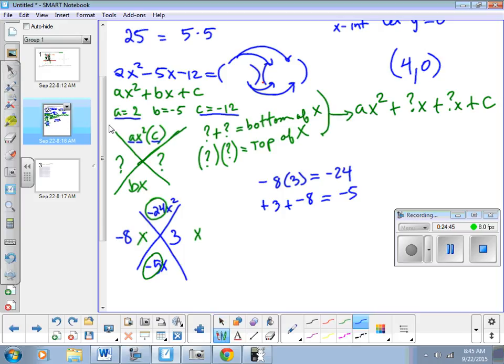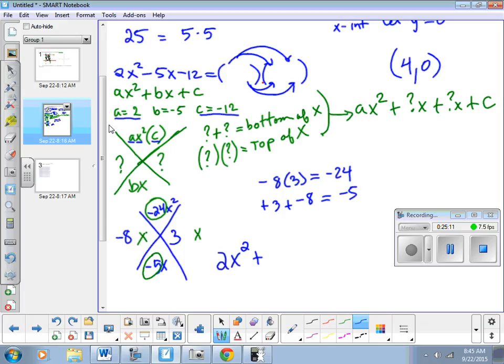Does everybody agree that the ax squared term is 2x squared? All right. So that's 2x squared. And what's one of my question mark x's? Negative 8. Could I put the 3 first instead? Doesn't matter. Let's just put the 3, just throw it off, since I put the negative 8x over here first.